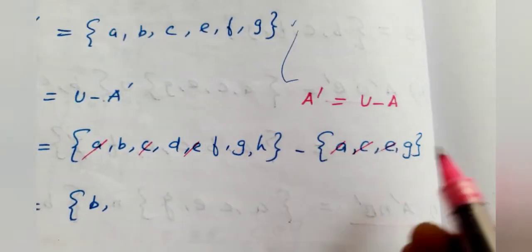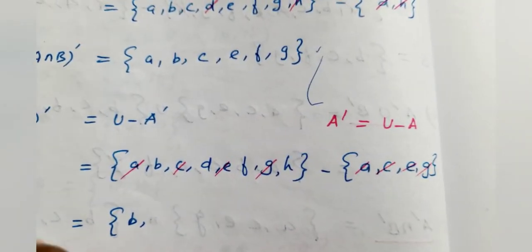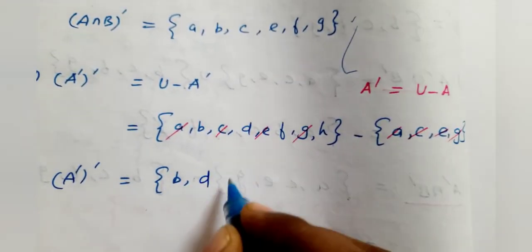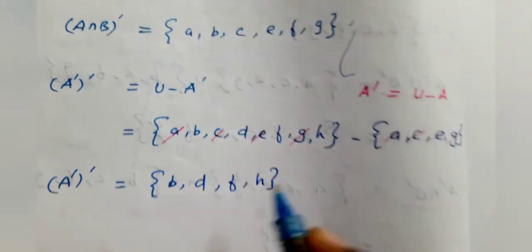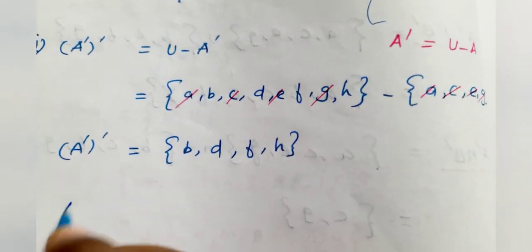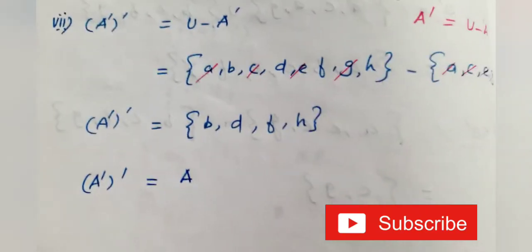Then the remaining elements are called A dash the whole dash, that is B, D, F, H. If we compare this value, A dash the whole dash is always equal to A.